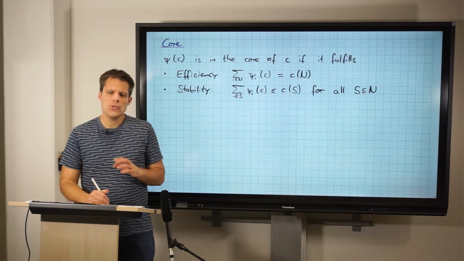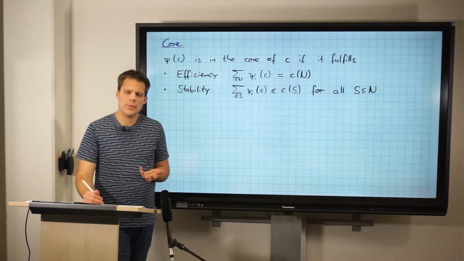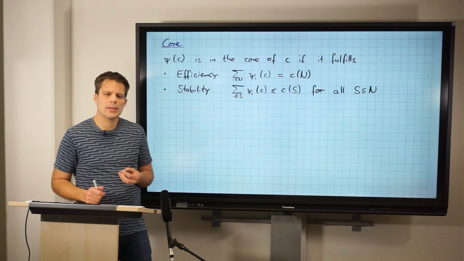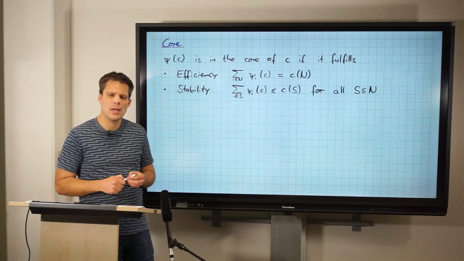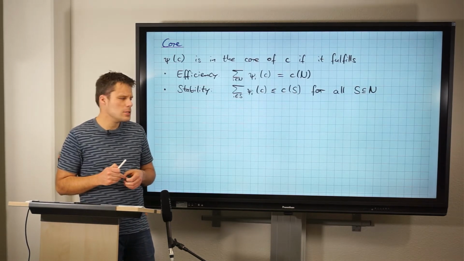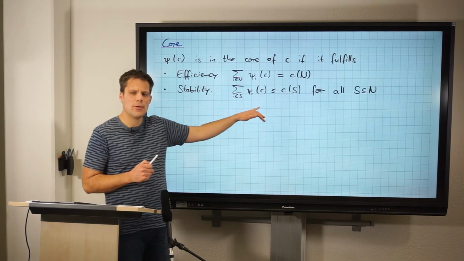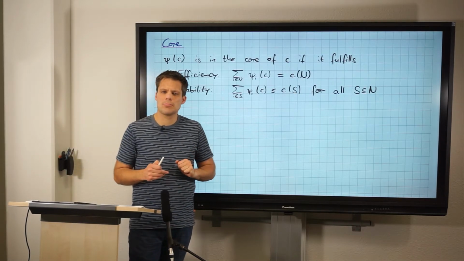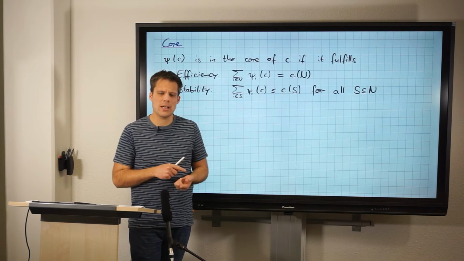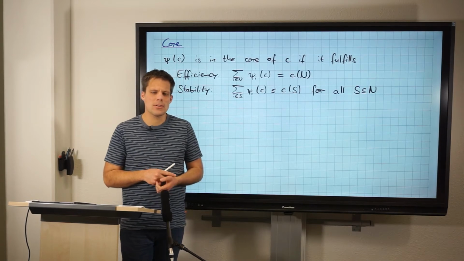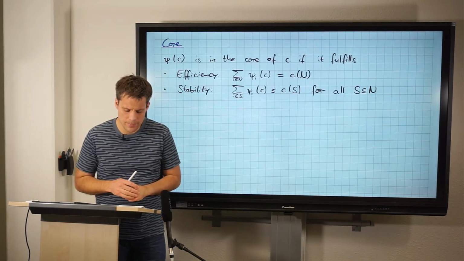So no coalition pays more by this cost-sharing vector than they would if they just did their own thing and just, for example, bought a train ticket just for this group of people.